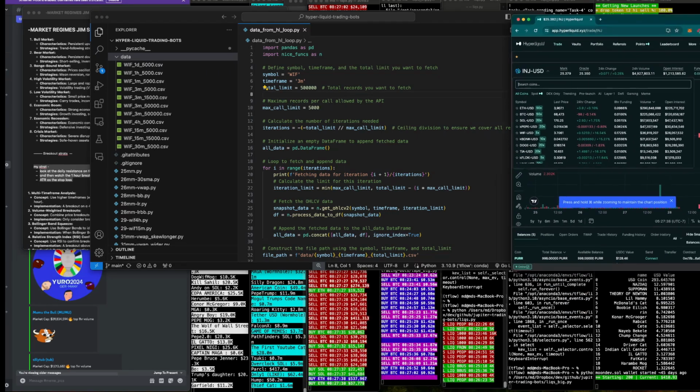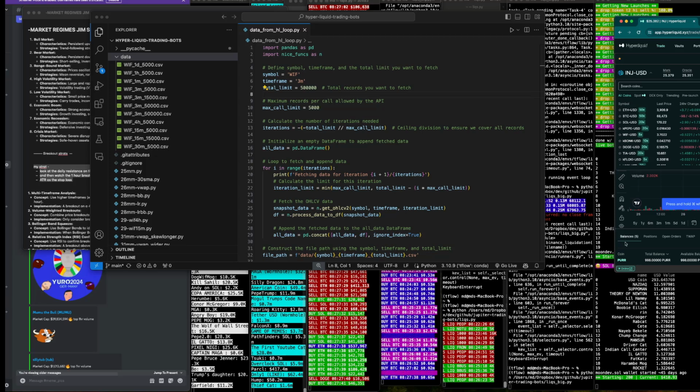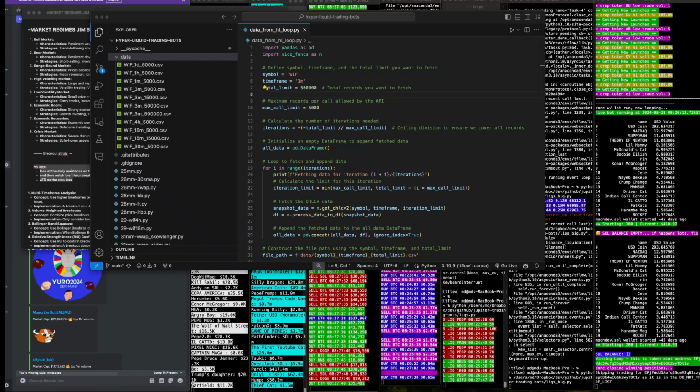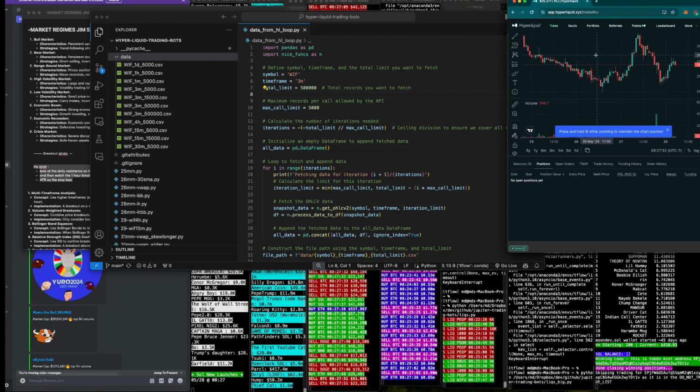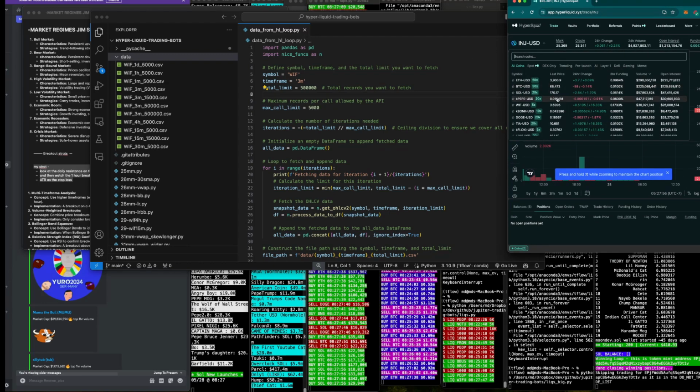Here's all the tokens available. Okay, so we have all these options here.